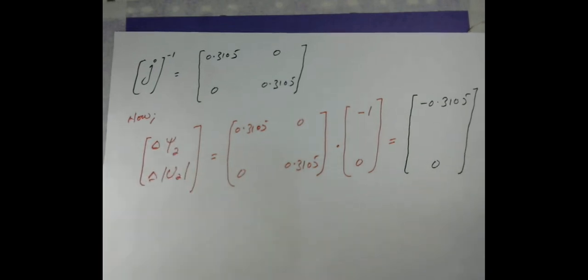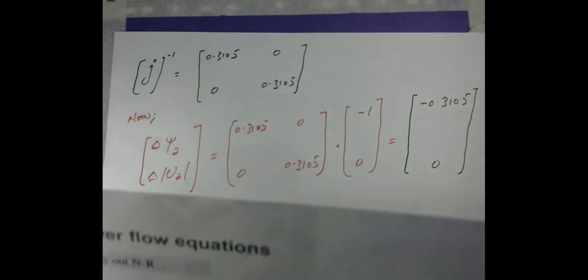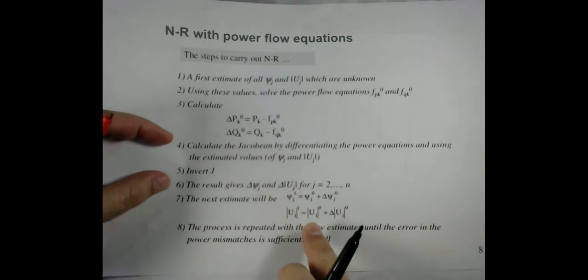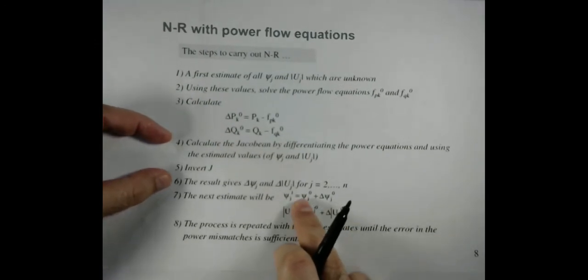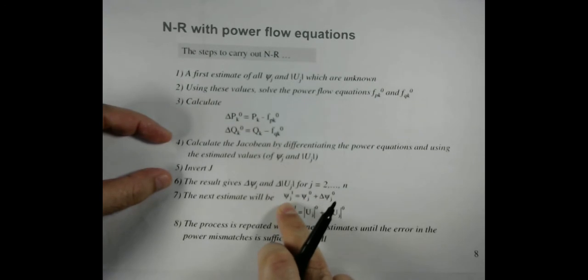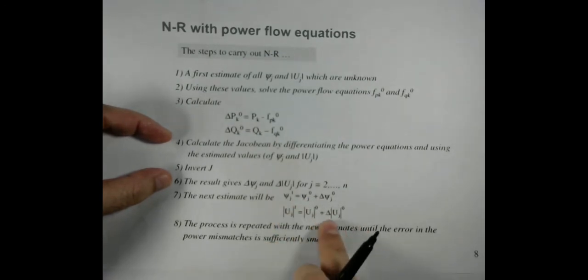And if you remember, we discussed that for the next step we have to add the error to the first estimate to get the next estimate, similarly for the voltage and for the angle.